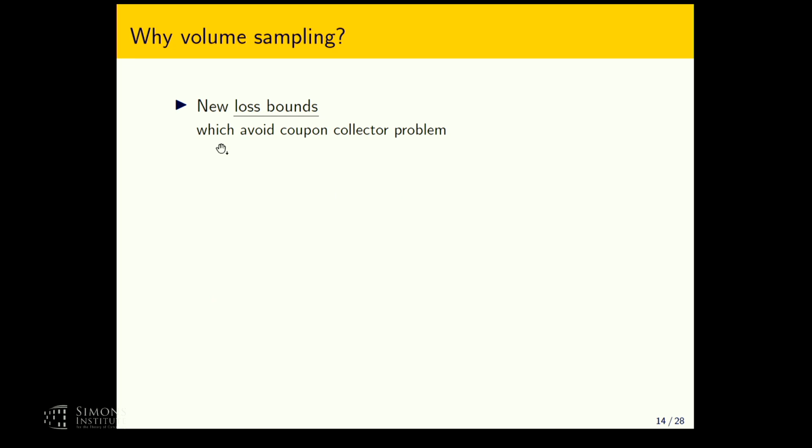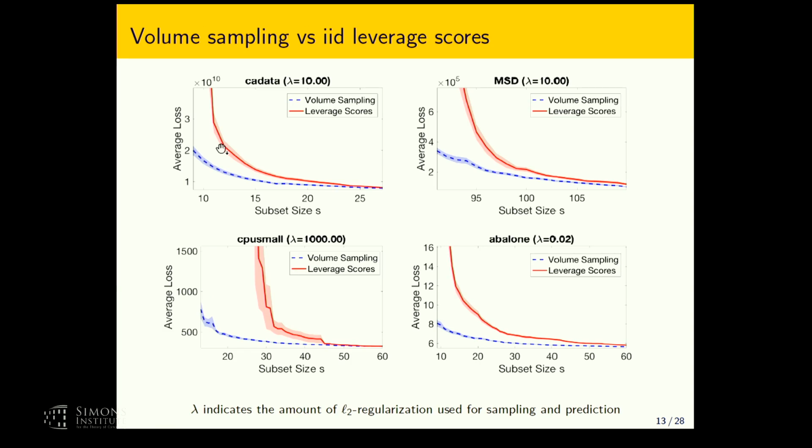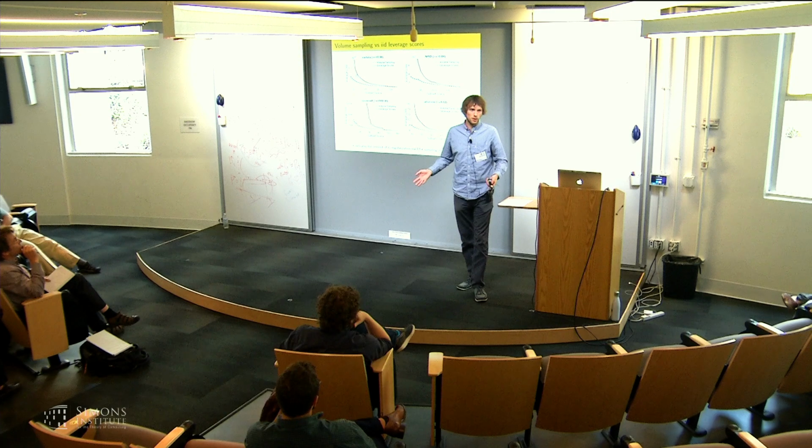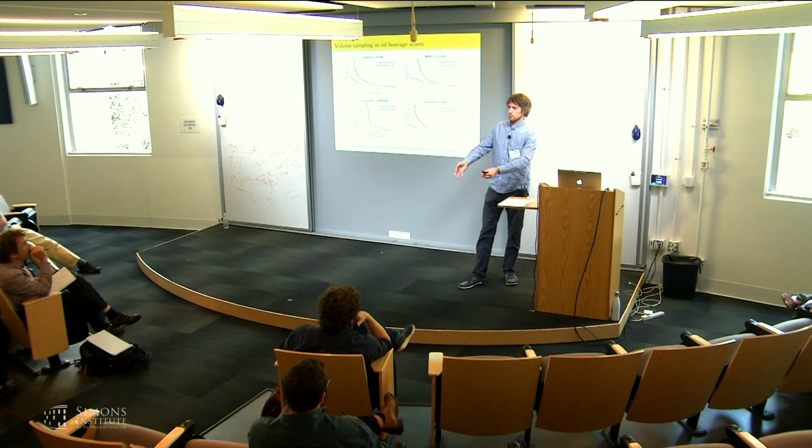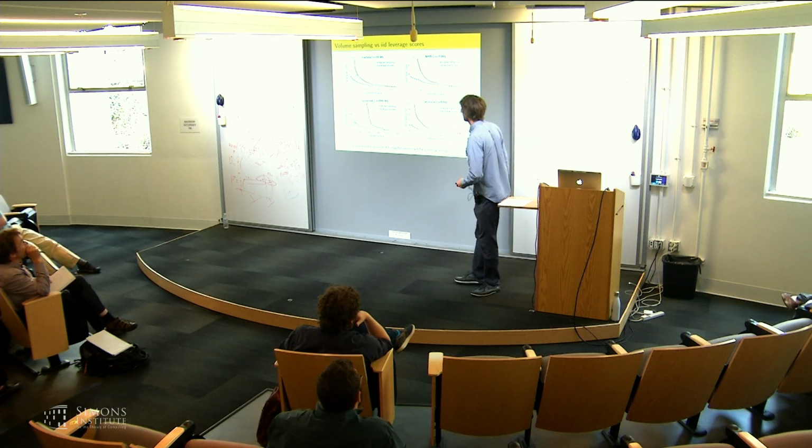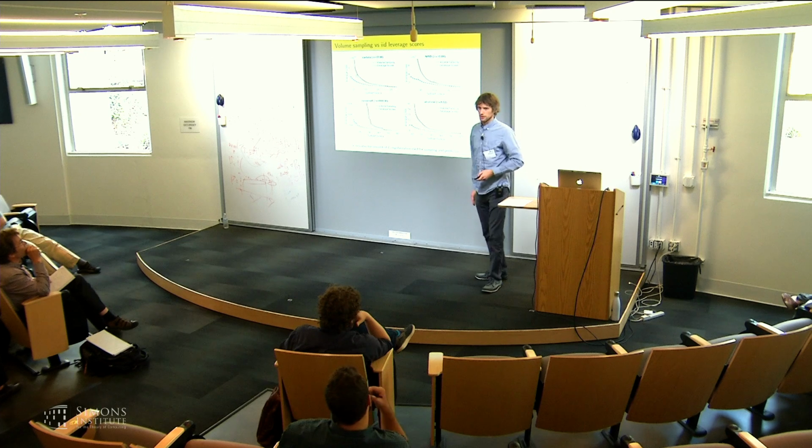You can reweight the rows and then solve the regression. In this case, I did reweight. I basically did what you would normally do for leverage score sampling: sample with this probability and then rescale the instances. For volume sampling, you don't need to rescale instances.